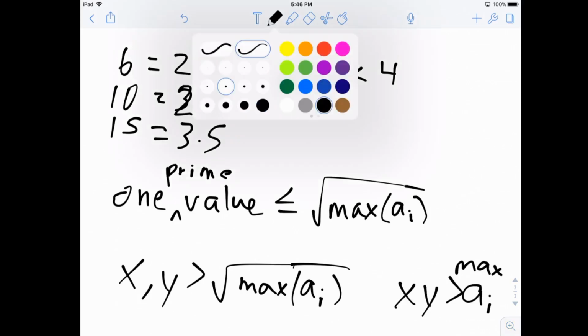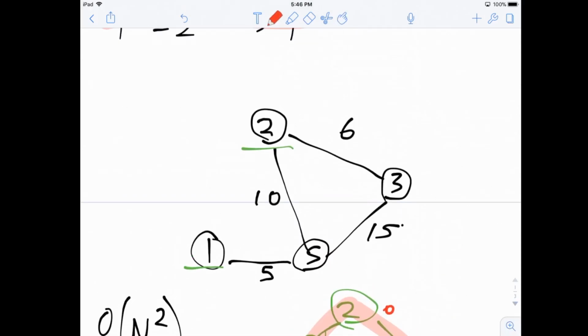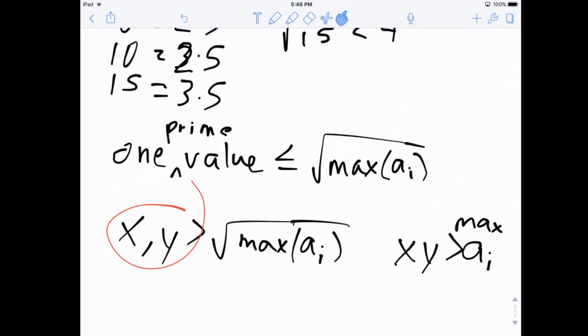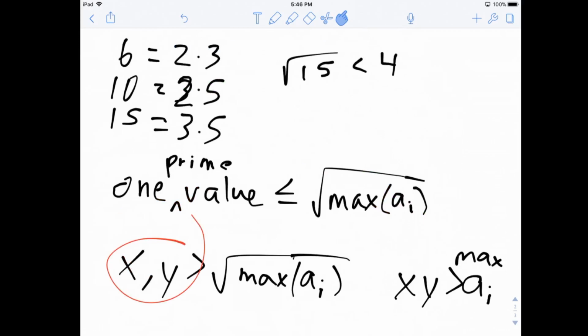So one example on this edge is that this could be x and this could be y, or this could be x and this could be y. But it is not possible that this is y. This is not the case because we are looking at one edge. So if I take this edge, then this is x and this is y. The product has to equal the value that creates the edge. And if the product is greater than the maximum AI, then it cannot equal the product that makes the edge. So we know that one of the values is less than or equal to the square root of max AI.